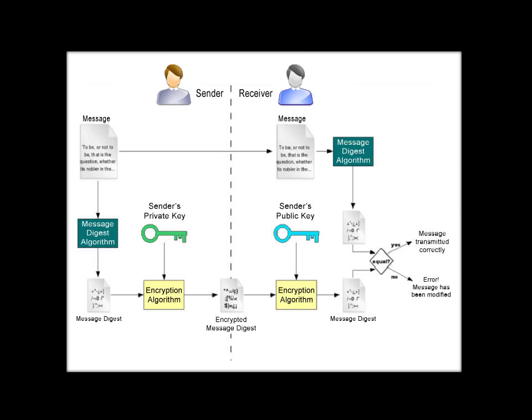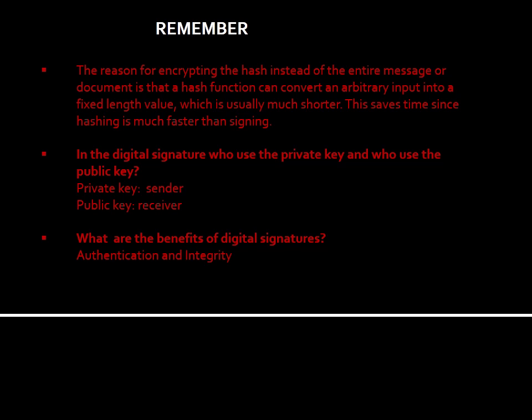Remember, the sender's public key, not the sender's private key. Basically, the sender's private key is a private thing that is known to the sender only. It cannot be disclosed to any third party so that the process goes smoothly, right? So there it uses the sender's public key to decrypt the document and read it. If it finds it correct, it accepts it, and if the message has been modified, it will show a notification and reject it.